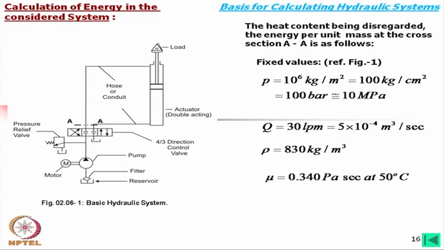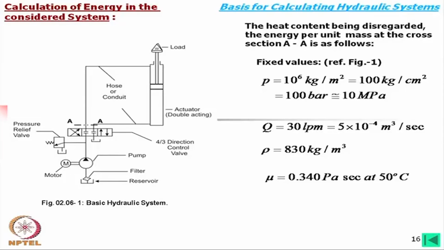So, what we need to do, normally if the temperature is higher than of that range, then we must use a cooler, and to avoid the cold start problem in cold country, you may need heater also. Okay.